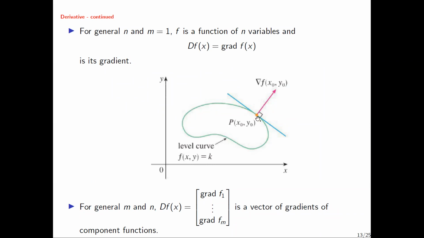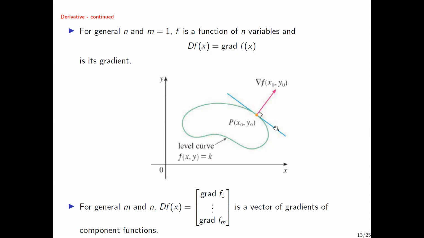And then we calculate the gradient of the function in this point x0, y0, and we get this violet vector. And as you recall from analysis, this gradient is then perpendicular to this level curve, which means that it's perpendicular to the tangent on this curve.